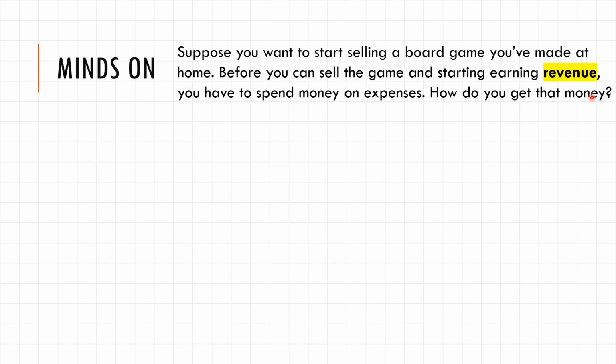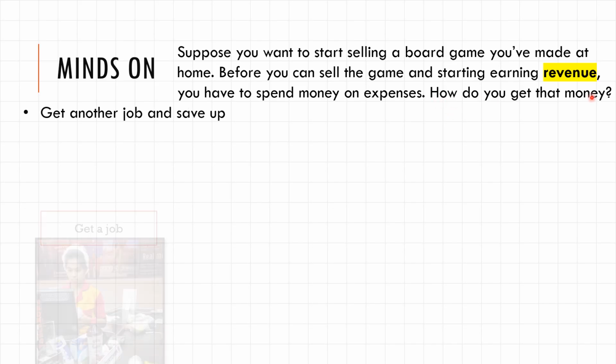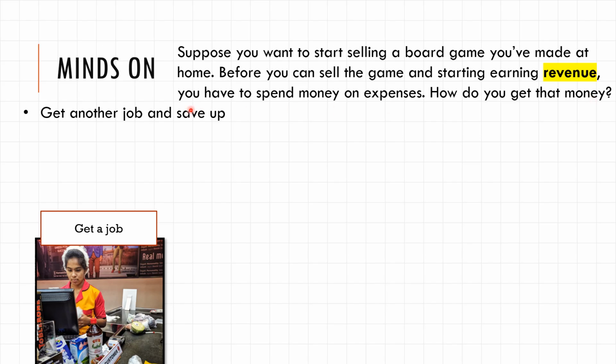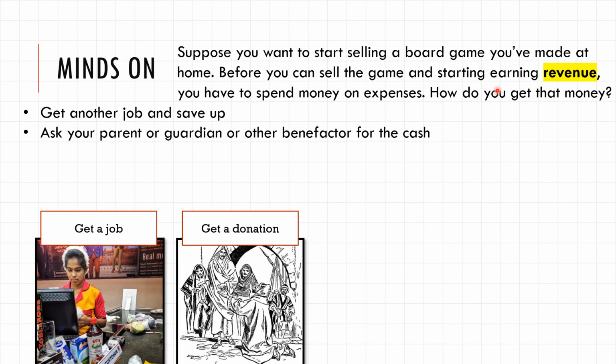Well, luckily we have lots of options. First, you could get another job. Any job that doesn't involve you actually putting your own money up front, you can get that job and save up your paychecks until you have made enough to fund your own adventure here. You could get your parents or guardians to give you some money. You could beg somebody who loves you very much for that kind of cash.